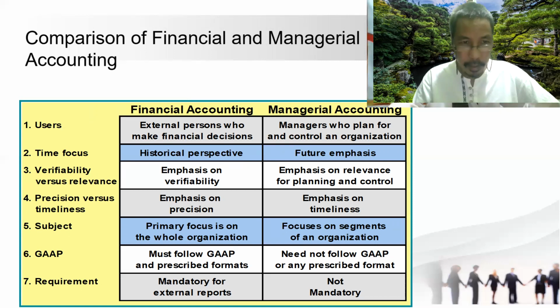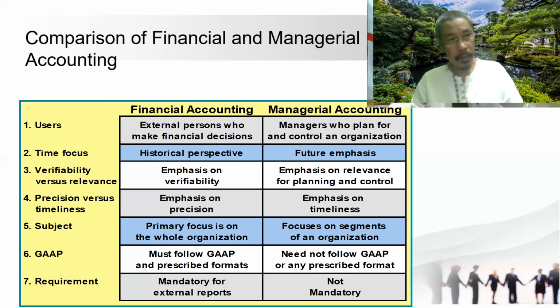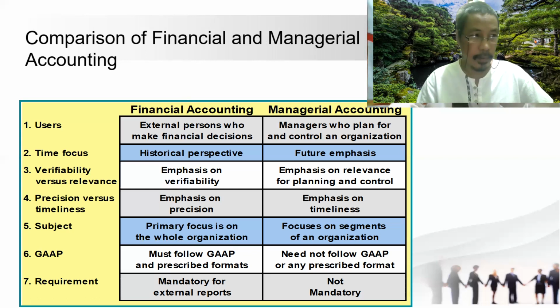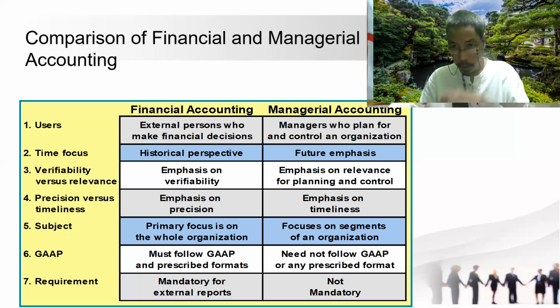The next aspect that we would like to compare is time focus. With respect to time period, historical perspective is the one generally observed in financial accounting, meaning if you bought a house and lot 20 years ago, that is the value of the house and lot up to now.